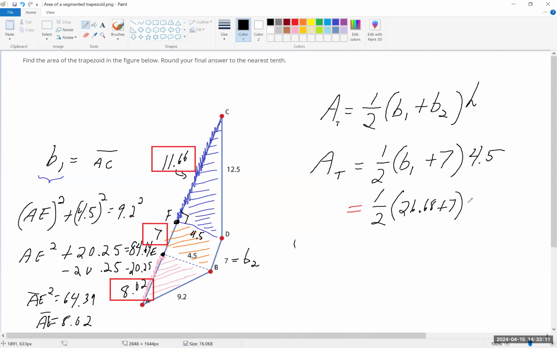We want to add 7 to that and then divide it by 2. So we're at 16.84. And one more step, multiplied by 4.5. It's 75.78.